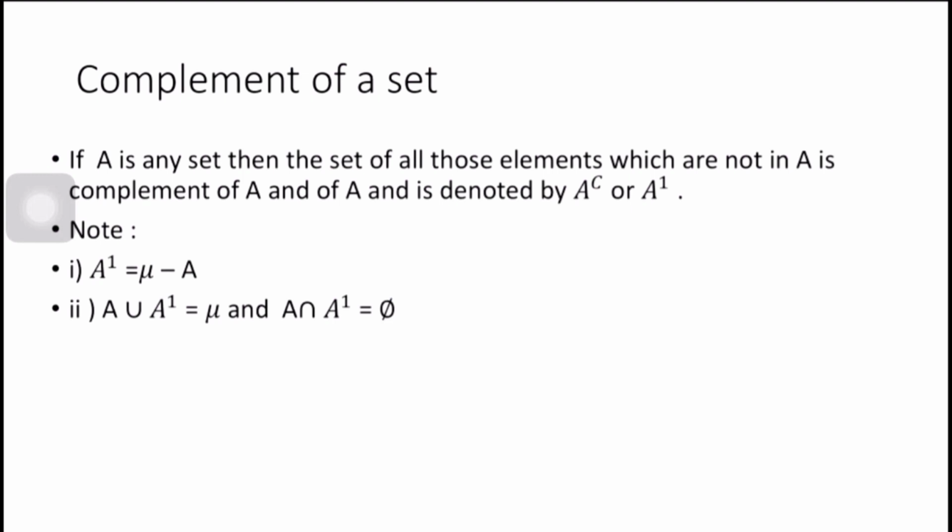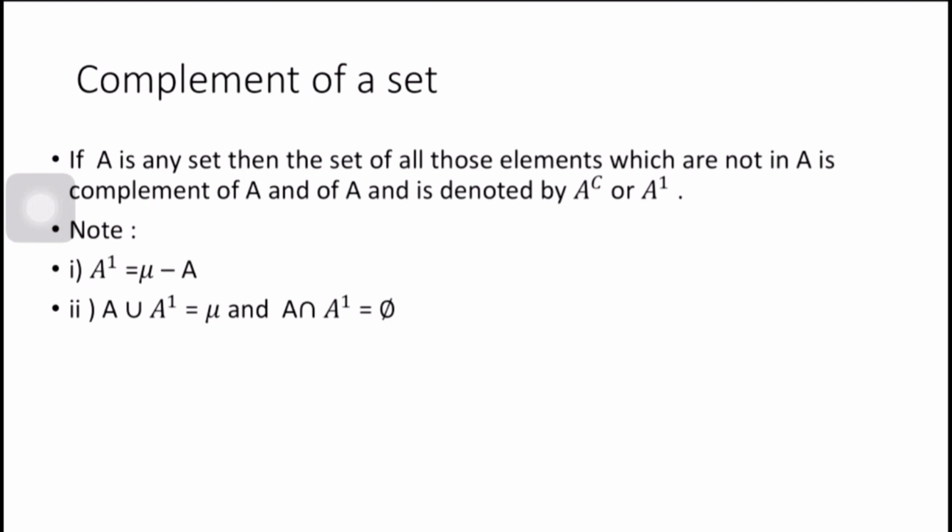Okay, next property, second property, idempotent properties. A union A is equal to A, likewise A intersection A is equal to A. Third property, commutative properties. A union B is equal to B union A, and A intersection B is equal to B intersection A. Fourth property, associative property.